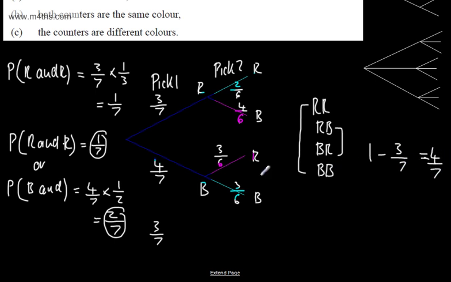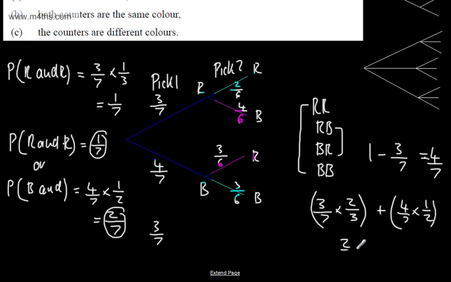You can of course work that out if you really want. You can multiply this one by this one, so if we did that, 3 over 7 multiplied by 4 over 6, which is 2 over 3, and then add to that now this one down here, so we've got the 4 over 7, so 4 over 7 multiplied by the 3 over 6, which is going to be 1/2.